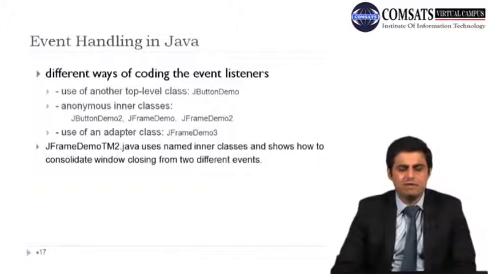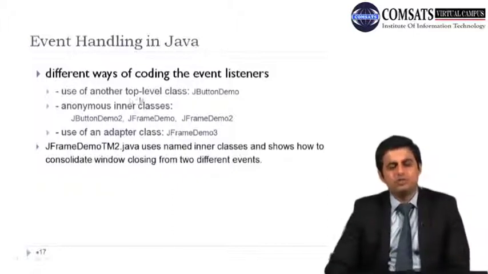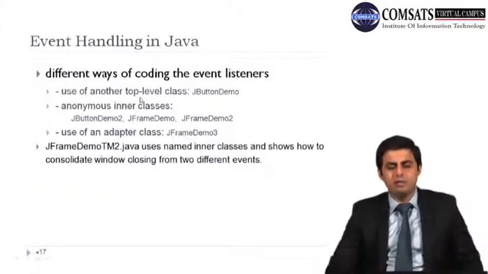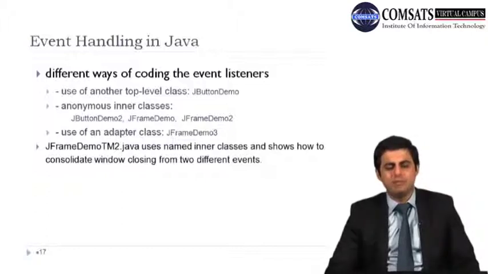Event handling in Java, different ways of coding the event listener: use of another top level class, JButton demo, and anonymous inner classes as well. In the event handling, you can use a top level class. The top level class is always JButton demo.